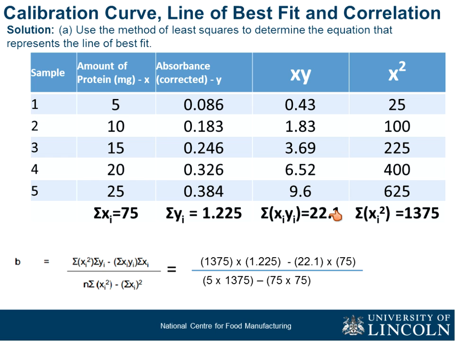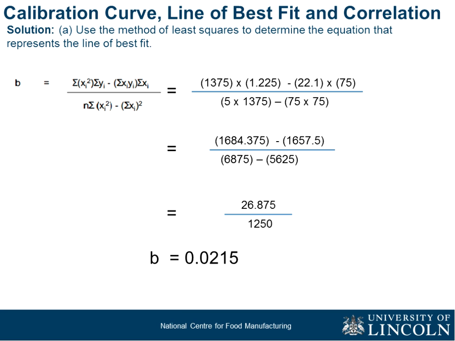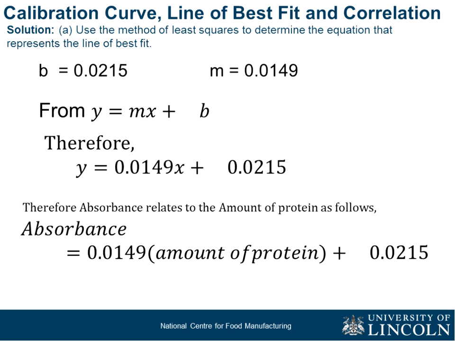Then multiply by summation X, which is 75. Now this is the same as what we have at the denominator for your M. 5 for N. Summation of X square is 1375. Then summation X is 75 times 75. Use your calculator carefully, and you get your B to be 0.0215. And that's all. That's what we need.